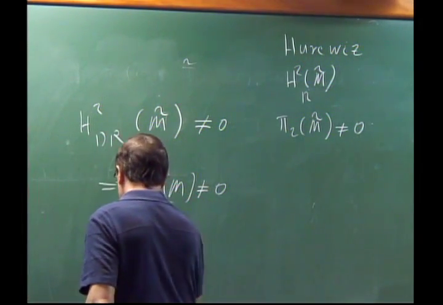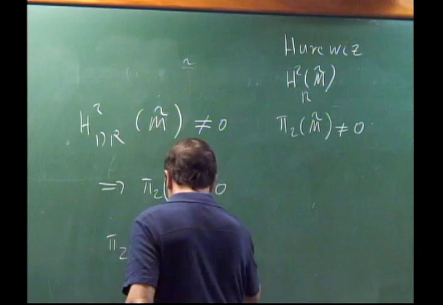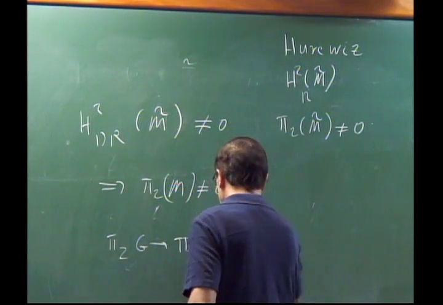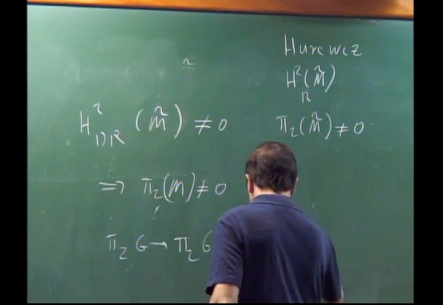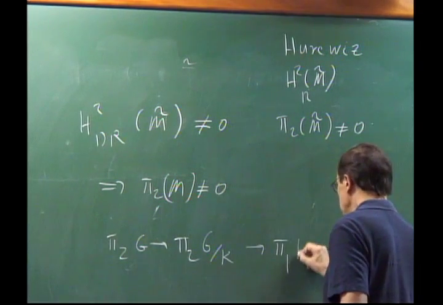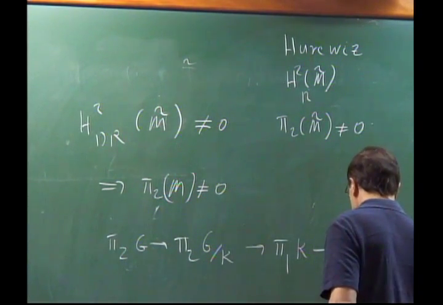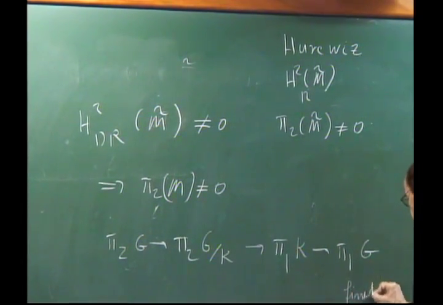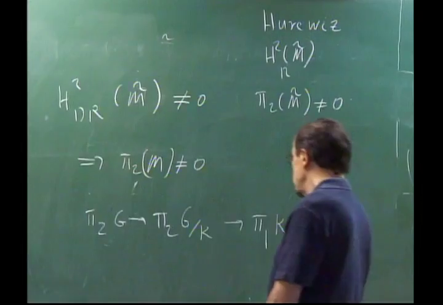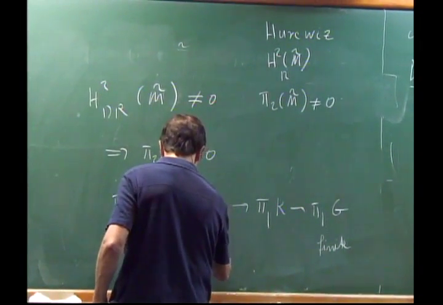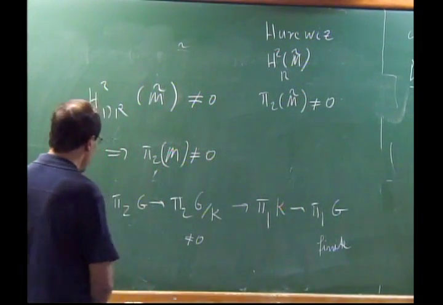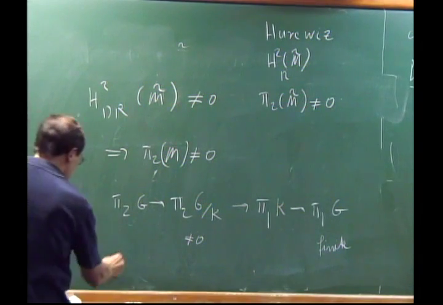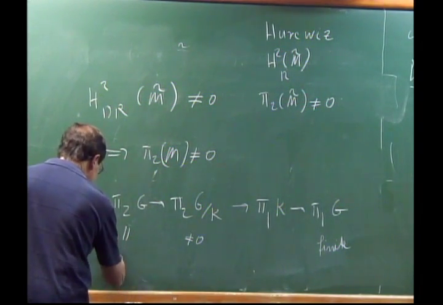So I write down pi 2 of G to pi 2 of G mod K to pi 1 of K to pi 1 of G. So what do I know? This group is finite. This group is non-zero now. And now I have to use a theorem that this is zero.